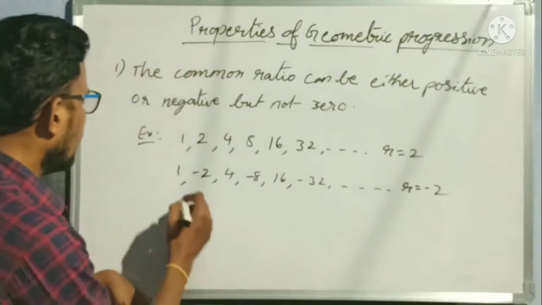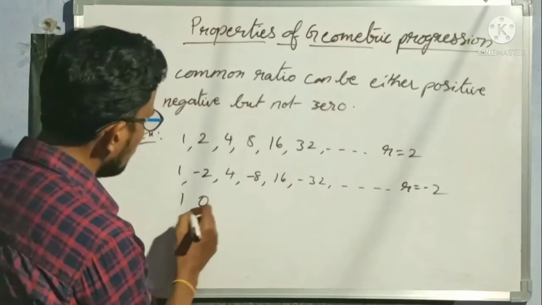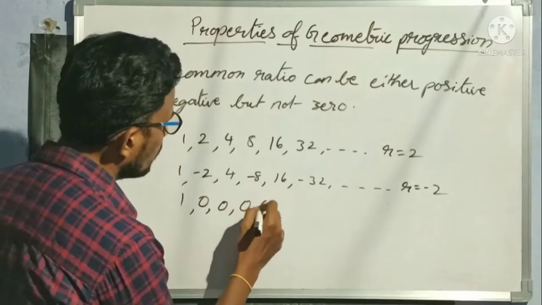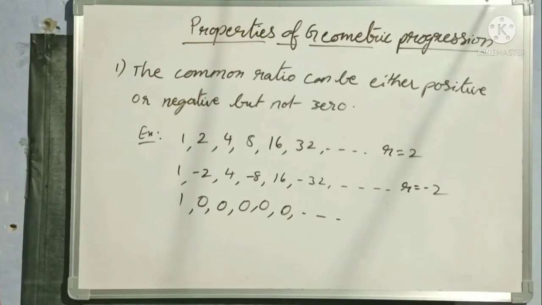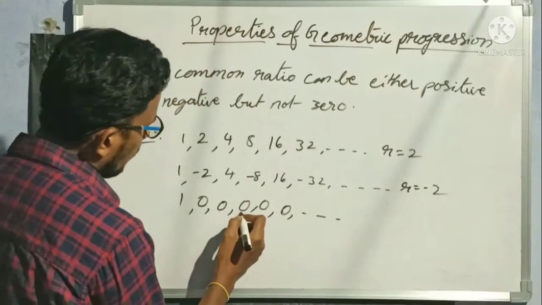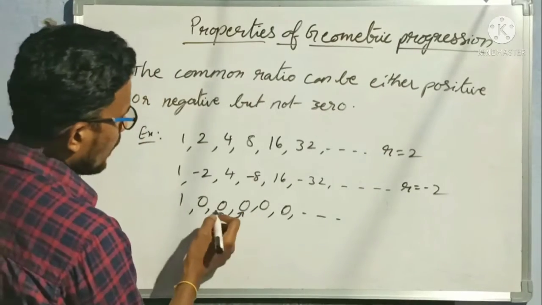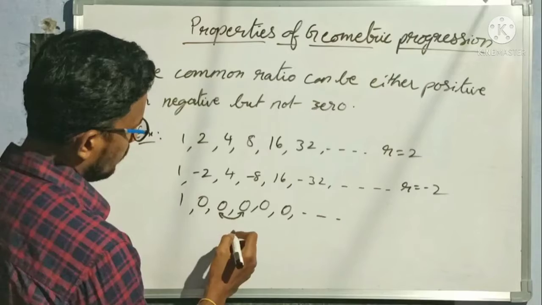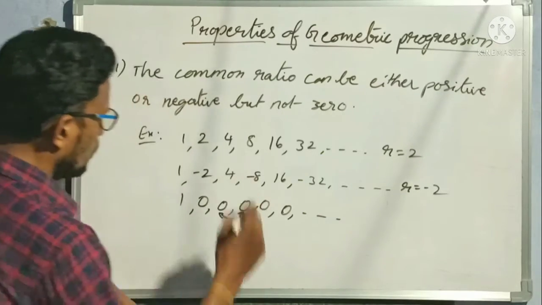See here, if I take 1 as my first term, and common ratio is 0, then we get 0, again 0, 0, 0. Yes, but what is the common ratio? Common ratio is nothing but the ratio of the term to the previous term, that is 0 by 0.